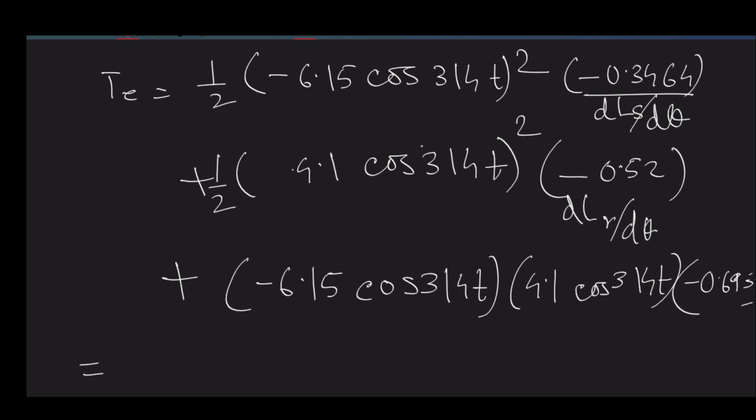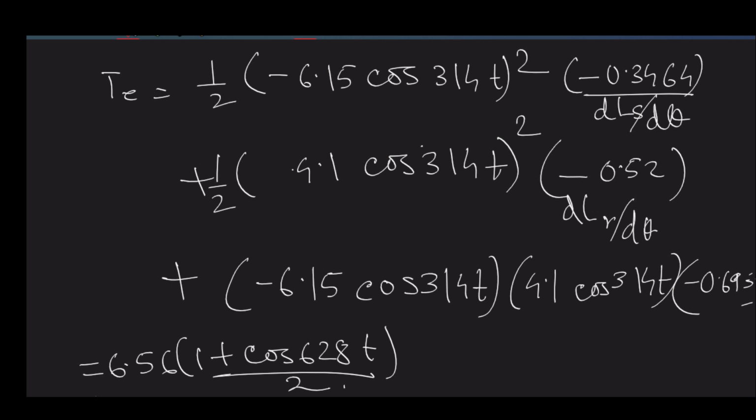So you will get something like 6.561 plus cos 628t by 2, and the average value of which will be, fine.